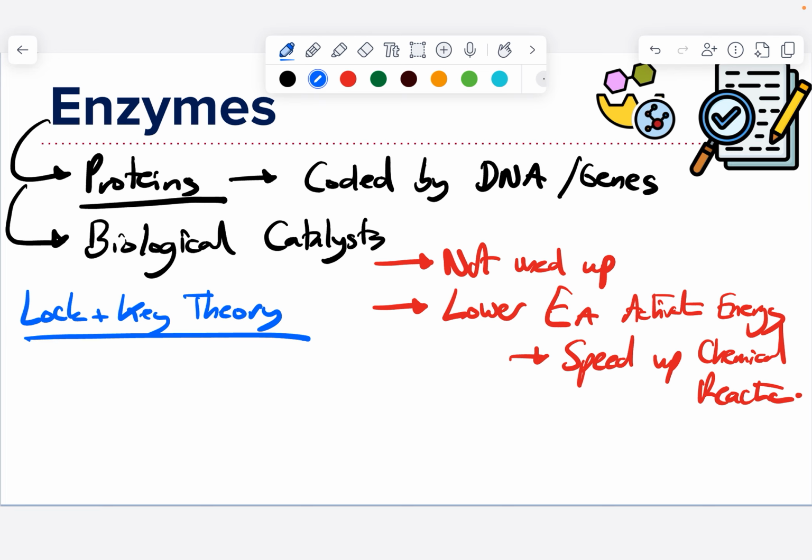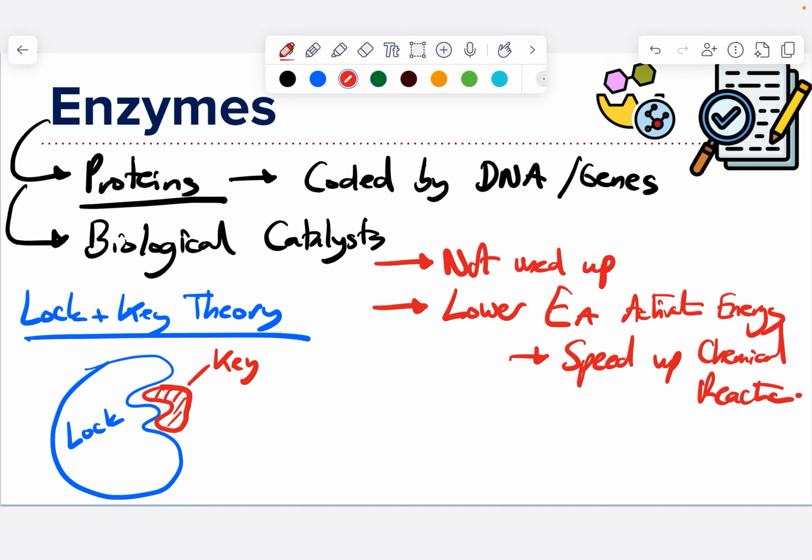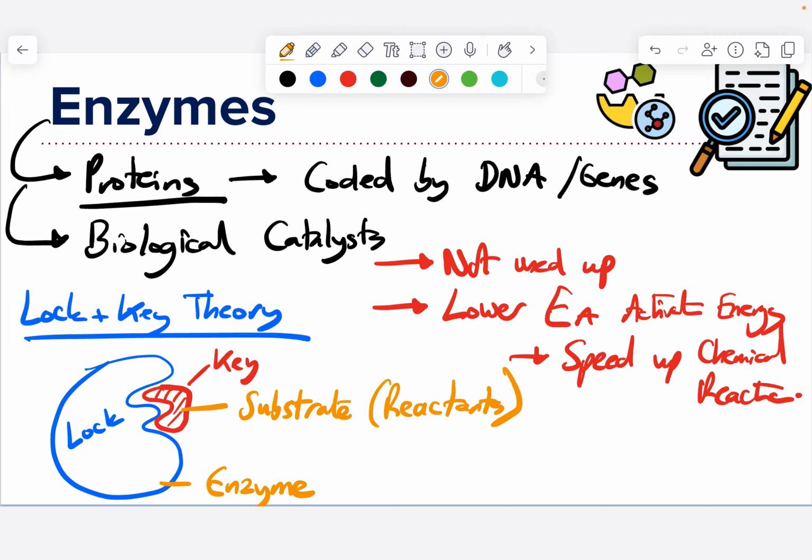And what that really means is, if this is my enzyme, the enzyme really is the lock in this model, and you have a particular molecule that will fit into that lock. So again, in this model, this is the key. This is my enzyme. This we call a substrate, which is basically the reactants, the things that go into it.